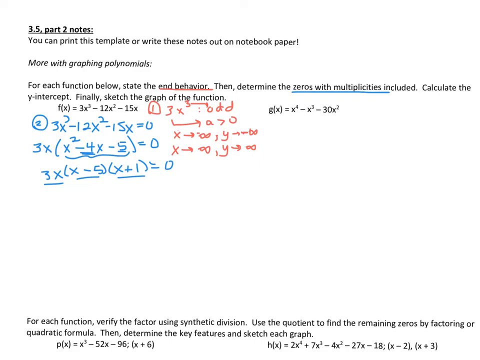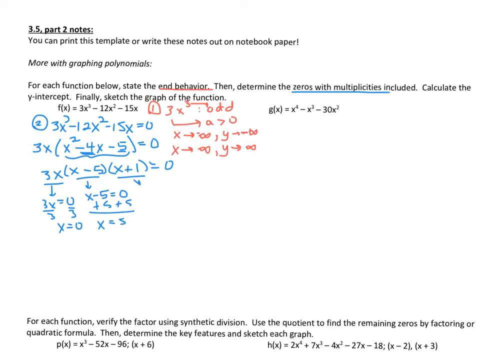Now we'll apply the zero product property and set each part, the first part, the second part, and the third part, equal to 0. If we set 3x equal to 0, and we divide by 3, x equals 0. That's easy enough. If we set x minus 5 equal to 0, and we add 5, we get another zero at 5.